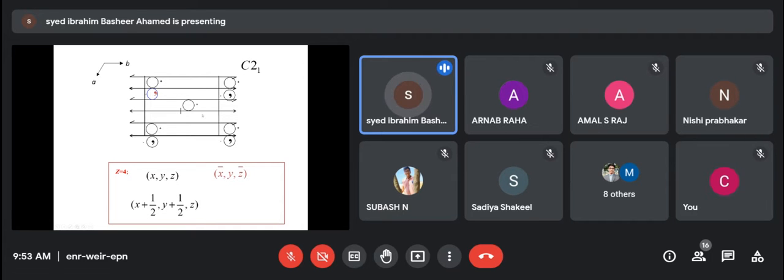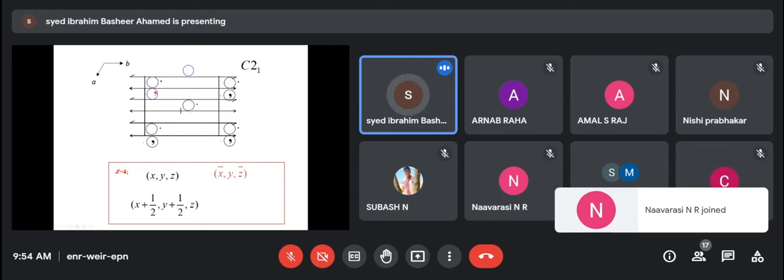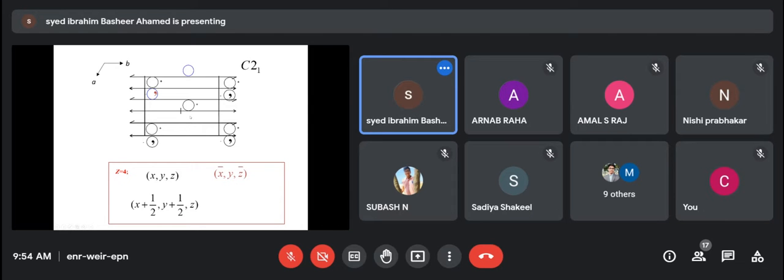Now again, you are going to apply C2 for this. You have a C2 axis here. If I apply C2, the molecule will come over here. Yes or no? If I rotate, the molecule will come here. Yes, sir.